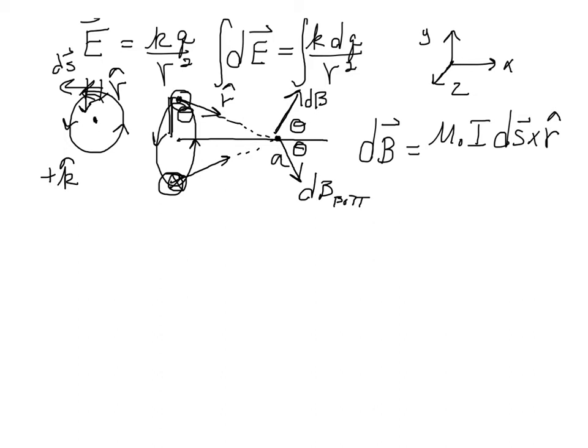And this is dB for the ds at the top, if you can keep straight all those terms. And if you can picture what's happening, you see that for every ds, I go around this loop, cutting it up into ds's.